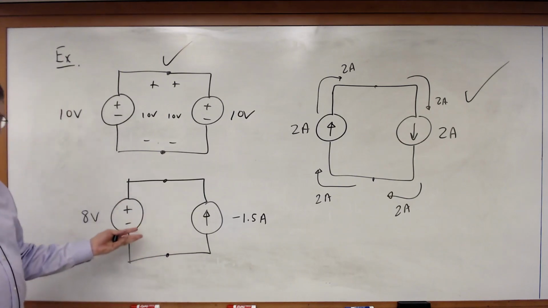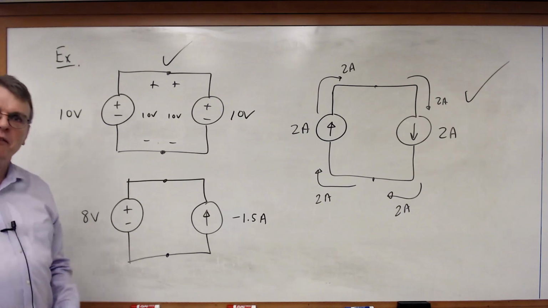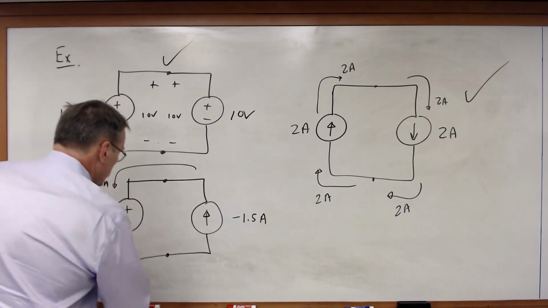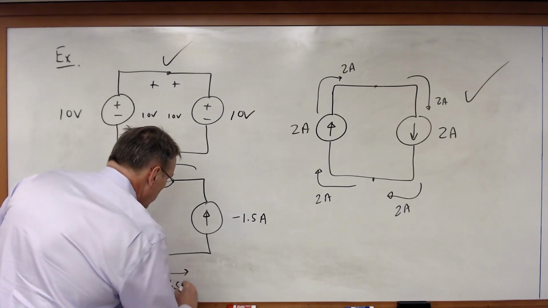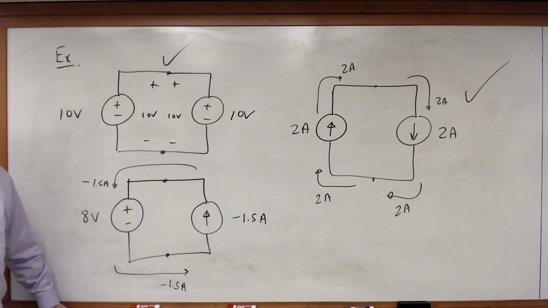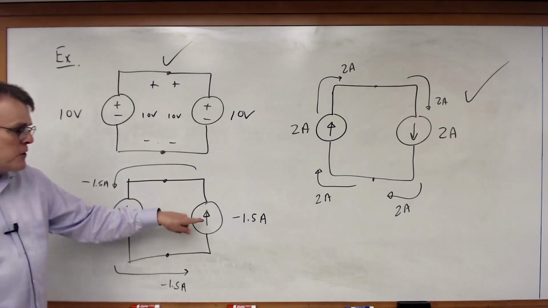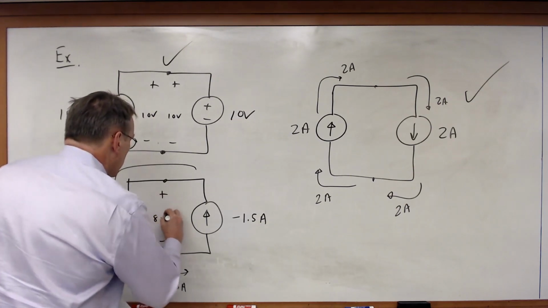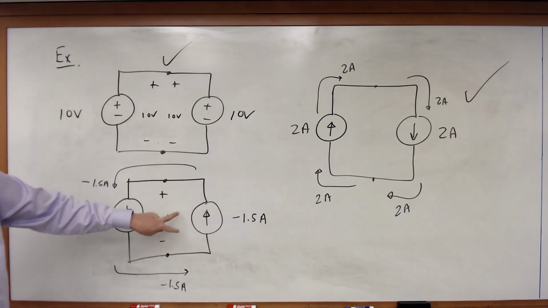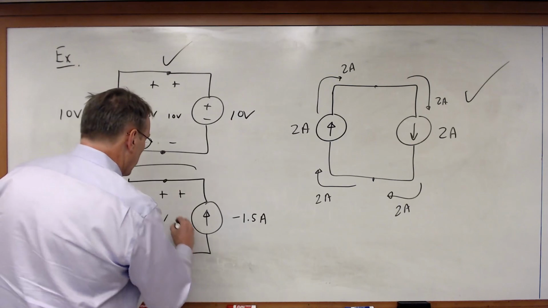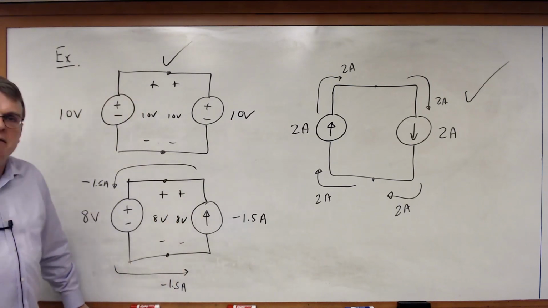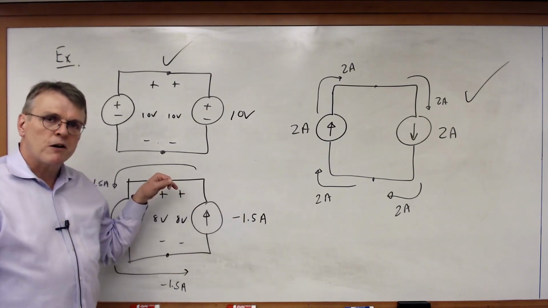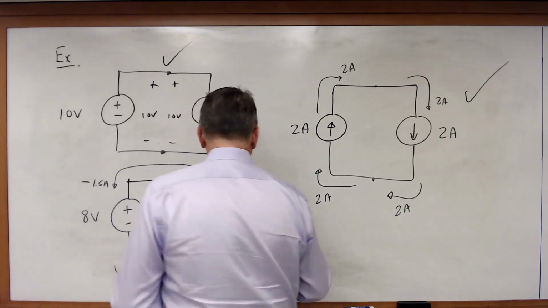On the contrary, a voltage source doesn't care what the current is that flows through it. So if I've got minus 1.5 amps going around this loop like so, due to that current source, that voltage source doesn't care one bit. The current source doesn't care what the voltage is across it. So if the voltage source says we've got 8 volts, positive and negative, as far as that current source is concerned, that's fine. It's perfectly happy having 8 volts across it. So in this case, it doesn't matter what the value of the current and voltage source are. This is a physically realizable circuit.